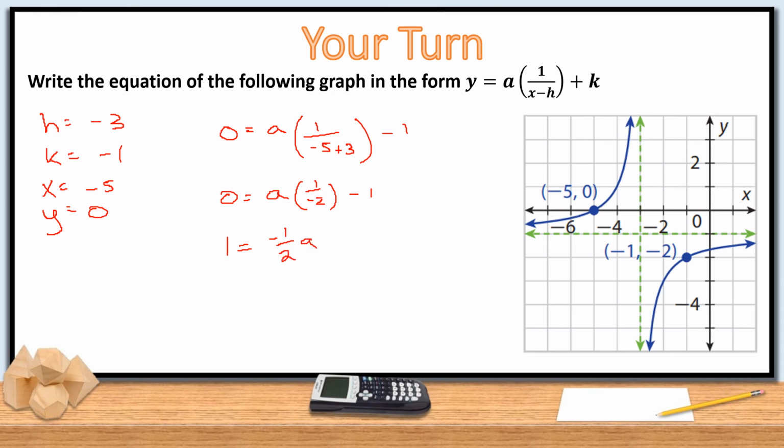So to get rid of that, we're going to multiply by minus 2 over 1. So the 2's cancel, the 1's cancel, and the negatives cancel out. So we're going to get minus 2 is equal to a. And looking at the shape of the graph, like it's up in the top left and bottom right, it does indicate a reflection should have happened. So I was expecting a negative a value. So f of x is equal to minus 2, parenthesis 1 over x minus h, so plus 3, and then minus 1. All done.